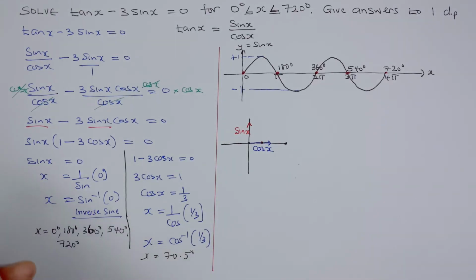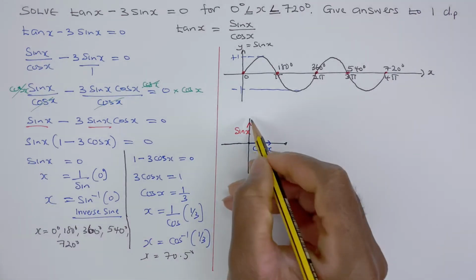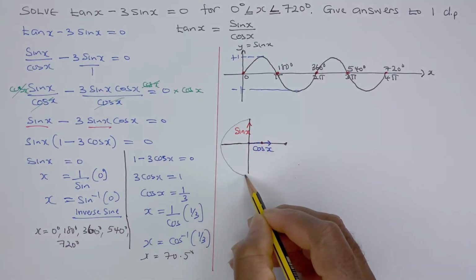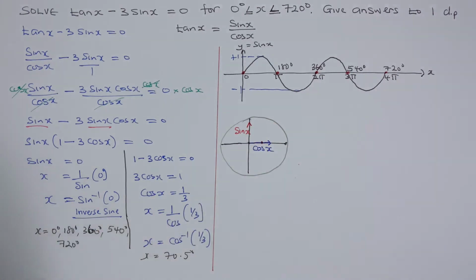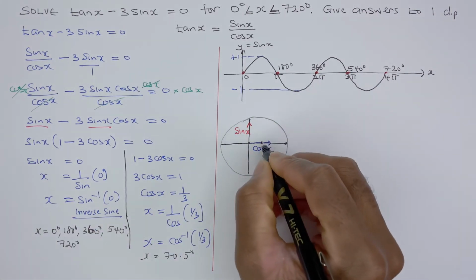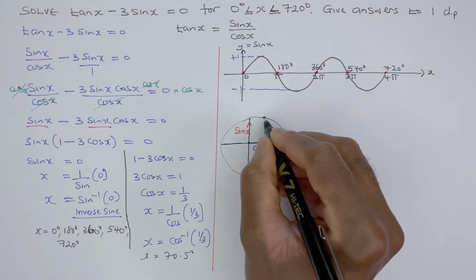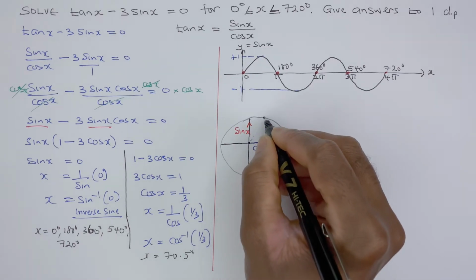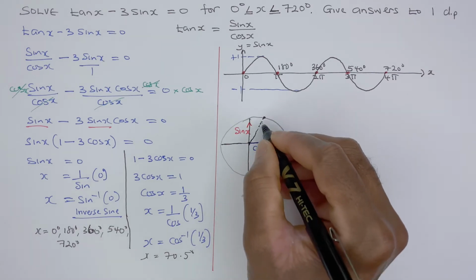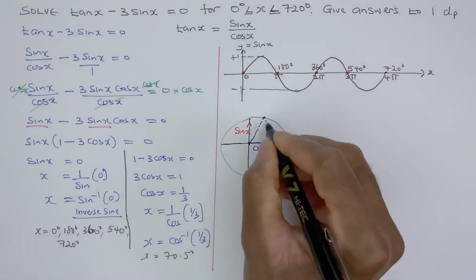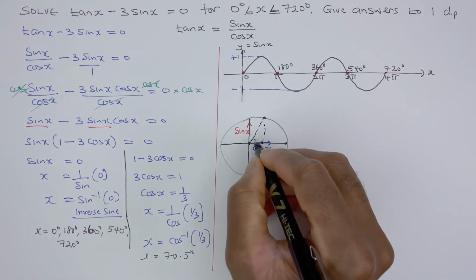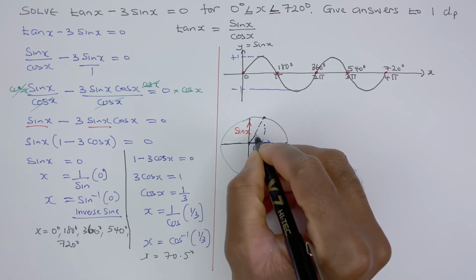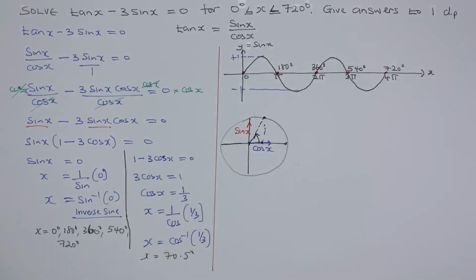If I draw a unit circle, the 1/3 will be up here. So if I trace that up, it will be there, and that will be the angle that we're looking at here, 70.5 degrees.